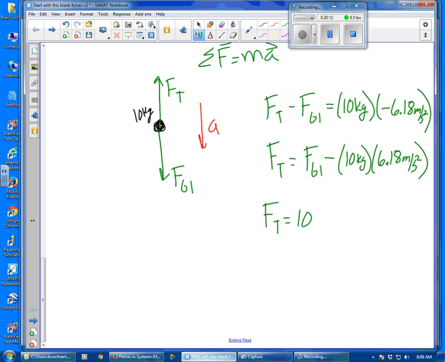This would be 10 times 9.80 newtons per kilogram minus 61.8 newtons. And I should be able to find F sub t from there. Right?